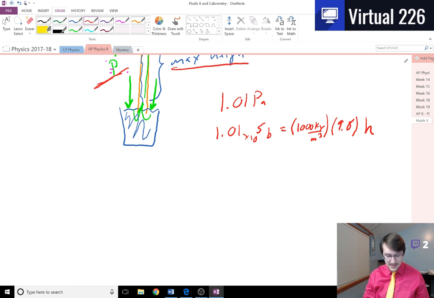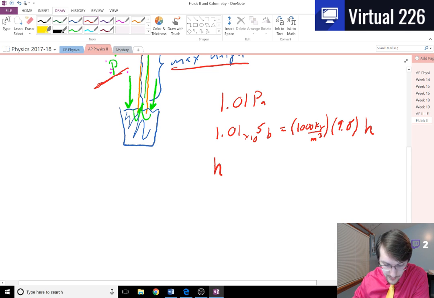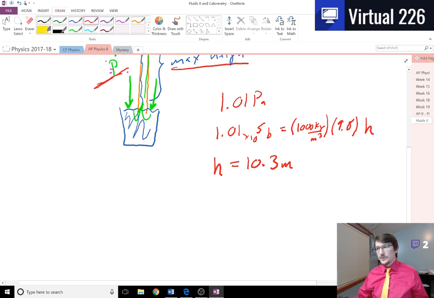So let's take 1.01 times 10 to the 5th, divide by 1,000, divide by 9.8. And when we do that, it looks like the maximum height we could pump anything to is 10.3 meters for water. That's a column of water. That happens to be about 30 or so feet, given about 3 feet in a meter, about.